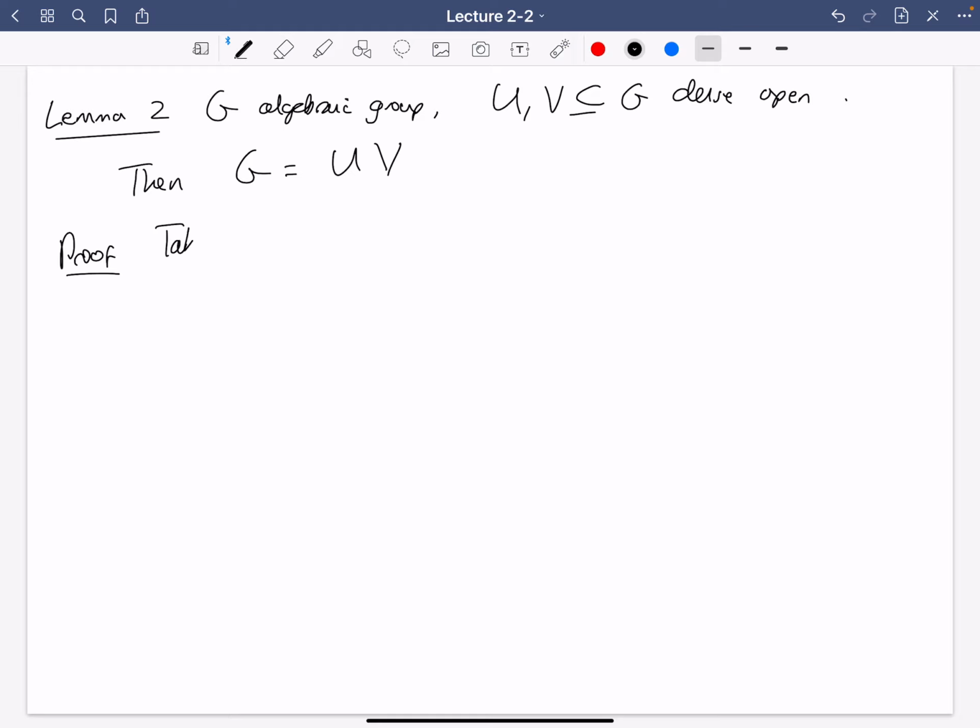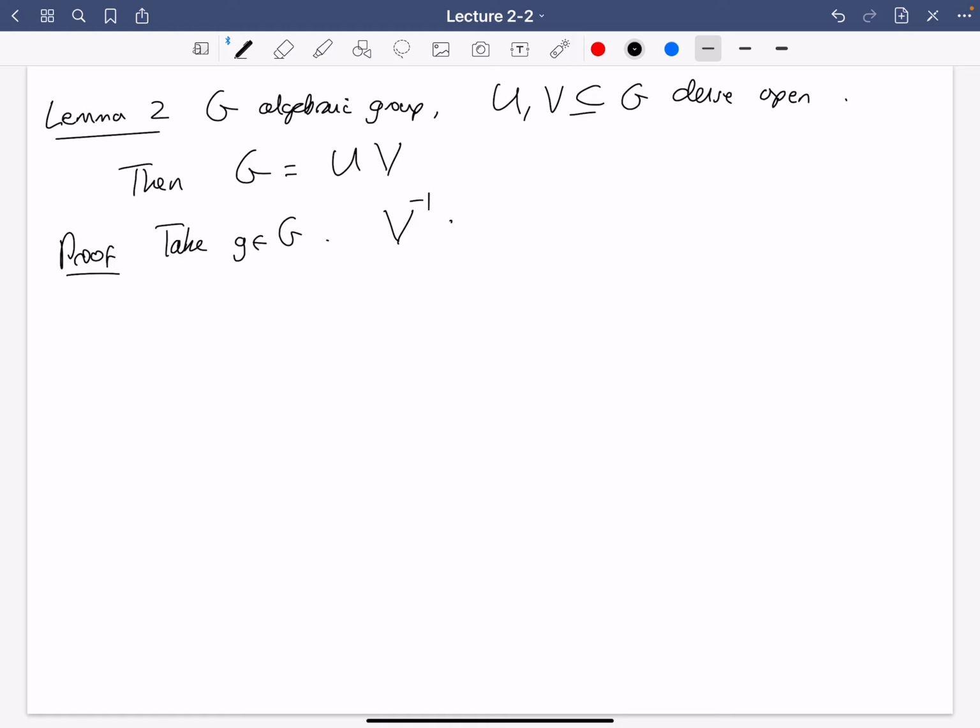All we have to do is we have to take any element of G, and we've got to prove that I can write this little g as a little u times a little v, an element of U times an element of V. So let me see. What I'm going to do for this is I'm going to look at V inverse. So I've applied the inverse map, which is a homeomorphism, to V. So V inverse is also dense open.